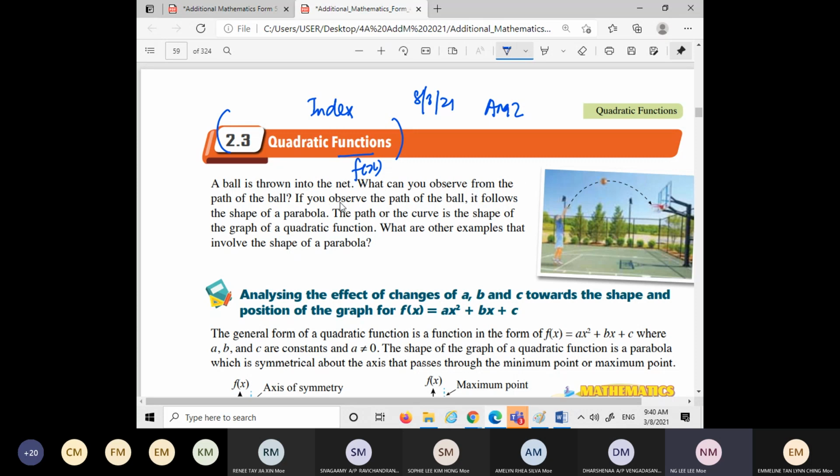Observe the path of the ball. It follows the shape of a parabola. The path of the curve is the shape of the graph of a quadratic function. There are some other examples as we go along the questions that also follow this parabola shape. So remember, the parabola shape is related to the quadratic function, where the highest power is 2.